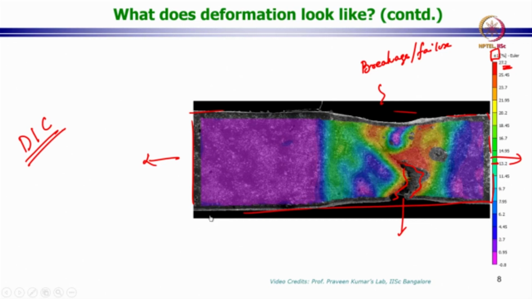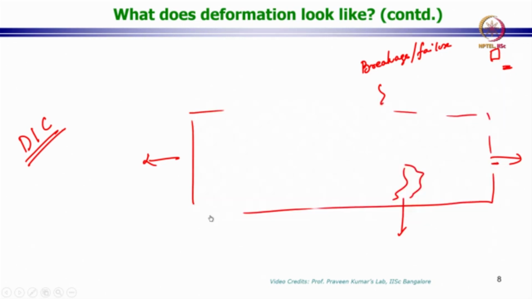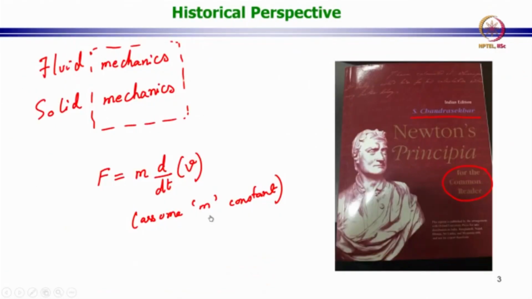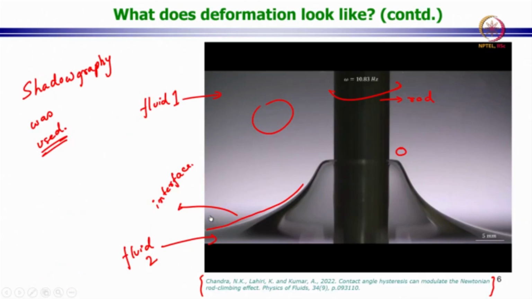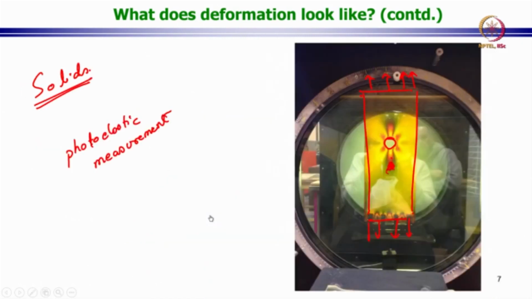So I hope that gives you a good overview of what deformation looks like. That was the whole point, and I tried to show you different examples of deformation. In the first case we saw some fluid flow, and then the next one we saw deformation of a meniscus. The fluid flow was difficult to visualize. Two different techniques are employed, and then I showed you some deformation happening in a solid body using photoelastic measurement.